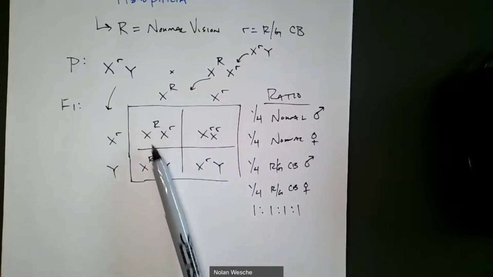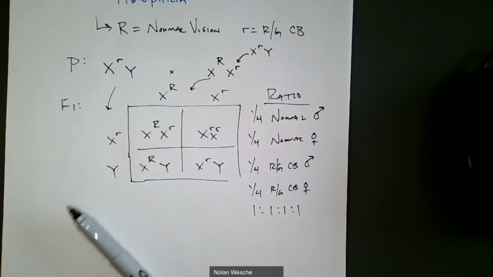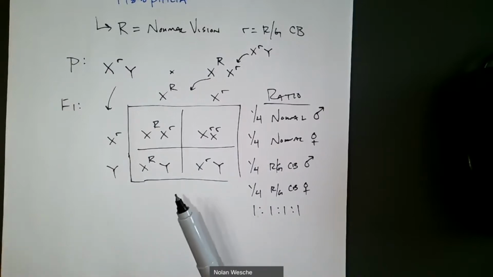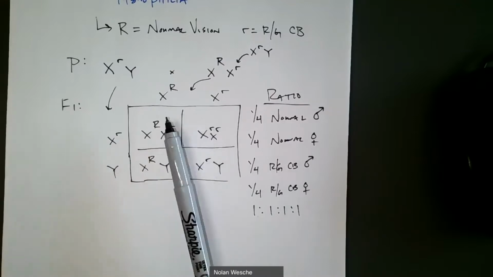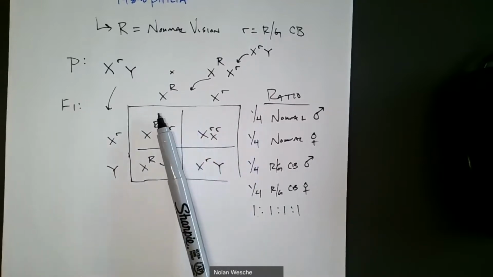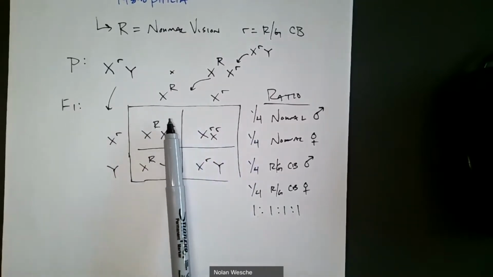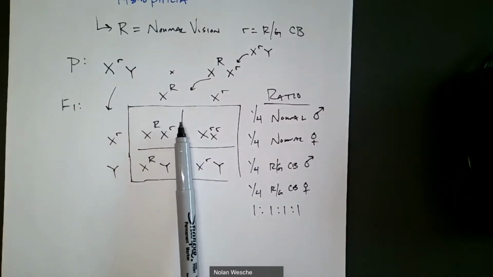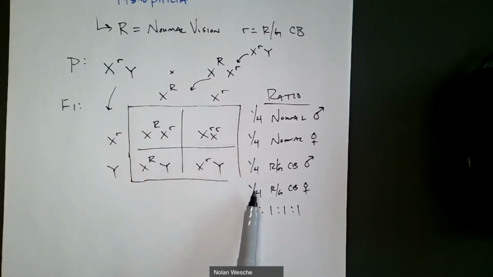The odds that it's a male and colorblind, you'd have to multiply the 50% chance that it's male versus female, and then the 50% chance that it's red-green colorblind versus normal vision, and that's where we get our quarter odds over here.